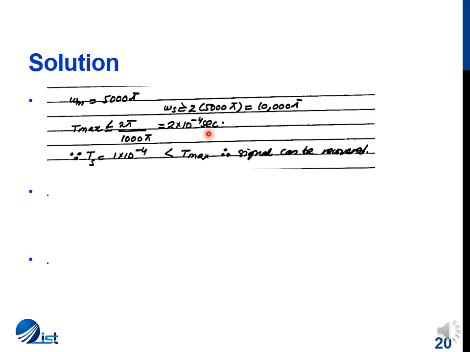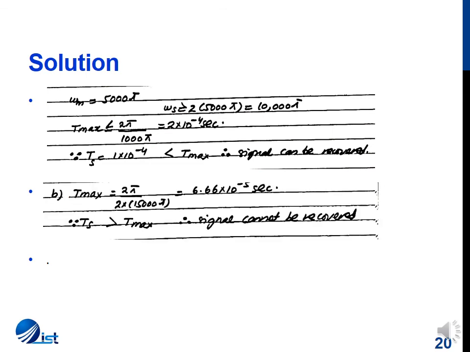So as long as our sampling frequency is greater than this frequency, or the given sampling time is less than this T max, our signal can be recovered. We were given a sample time of 1 into 10 to the power minus 4 in this question. Since this time is less than T max, our signal can be recovered.